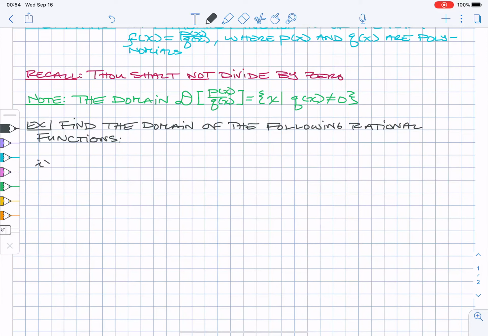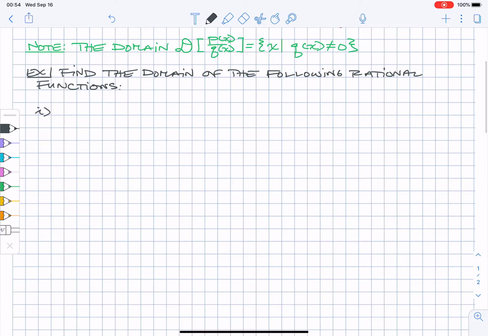So number 1, let's say we have that f of x is equal to, in the numerator, x squared plus x minus 6, and in the denominator, x squared minus 2x minus 3.